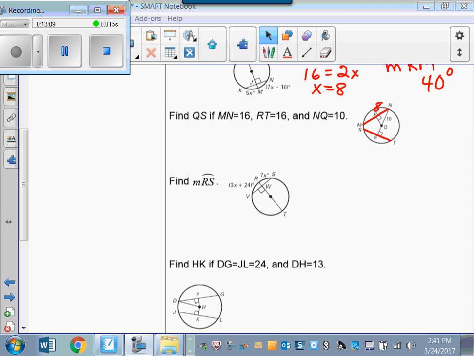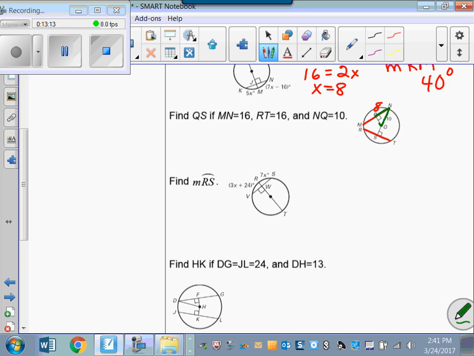So if you look at this little right triangle right here, I'm going to draw it in green. One side is 8, the hypotenuse is 10, and I'm looking for QS, which is congruent to PQ. Those chords are equidistant from the center.